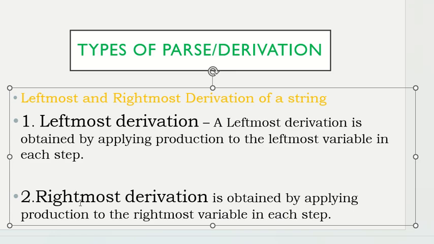Rightmost derivation is obtained by applying a production to the rightmost variable. In rightmost derivation, we always expand the rightmost non-terminal first, and in leftmost derivation, we always expand the leftmost non-terminal first.